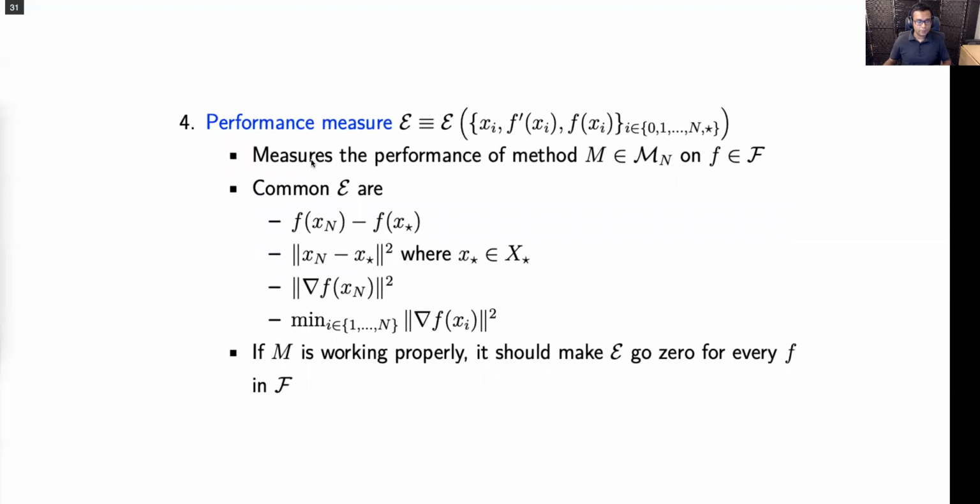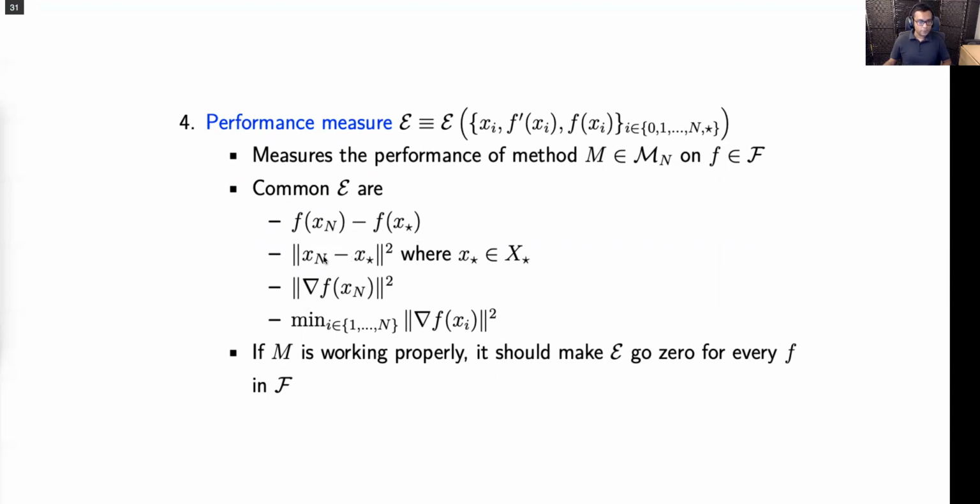Then one of the most important criteria is the performance measure. So this measures the performance of the method M on the function class. And a common performance measure E could be, as we are giving more and more iterations, how the function value gap is improving. So this could be one performance measure. And if this is 0, then we have reached the optimal point.